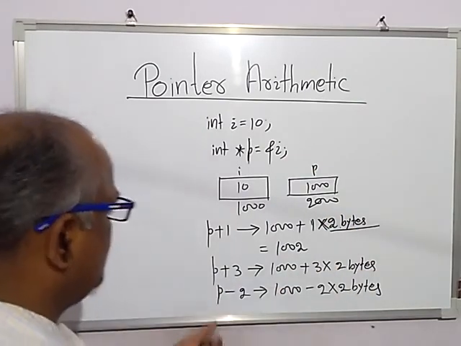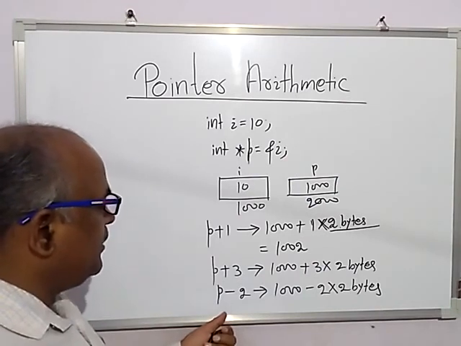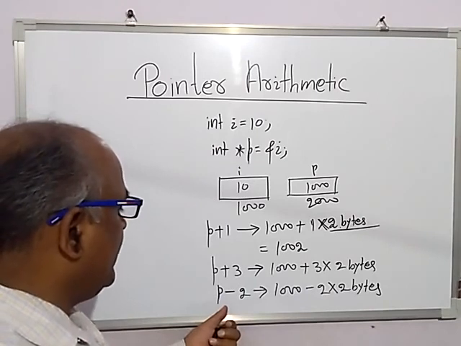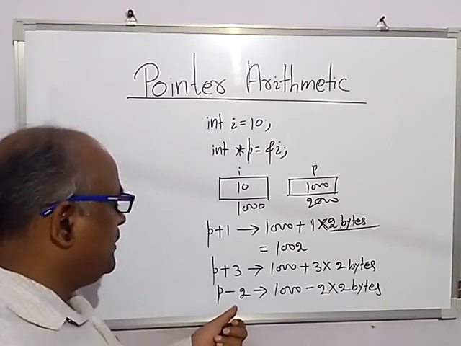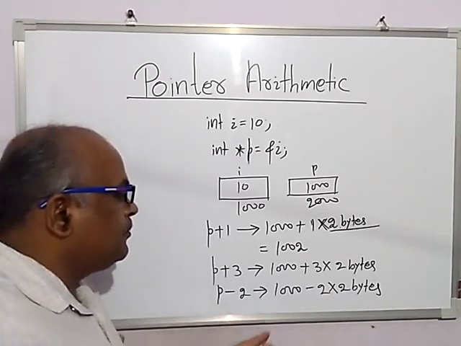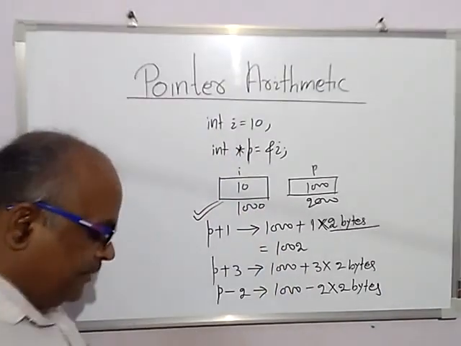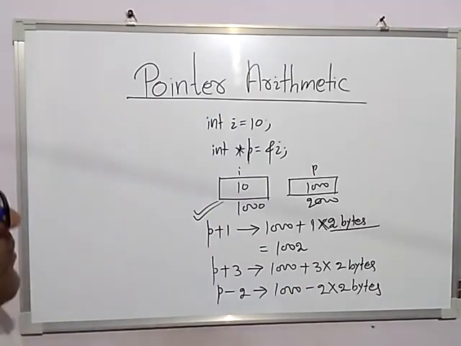So 1002. Similarly, if you subtract an integer from a pointer, at that time you just multiply that integer value by the size of the data type. So this is pointer arithmetic in C.